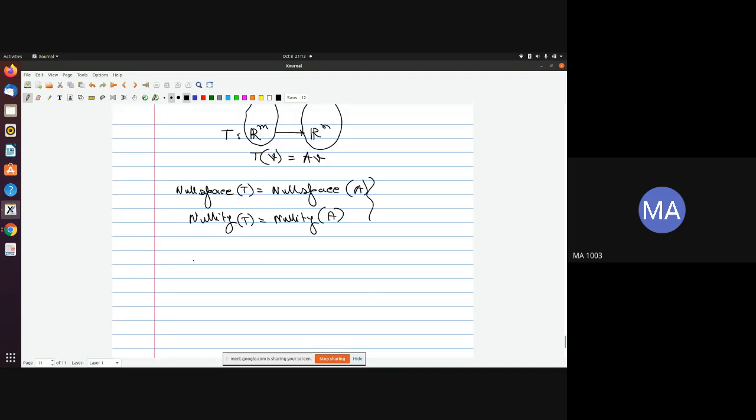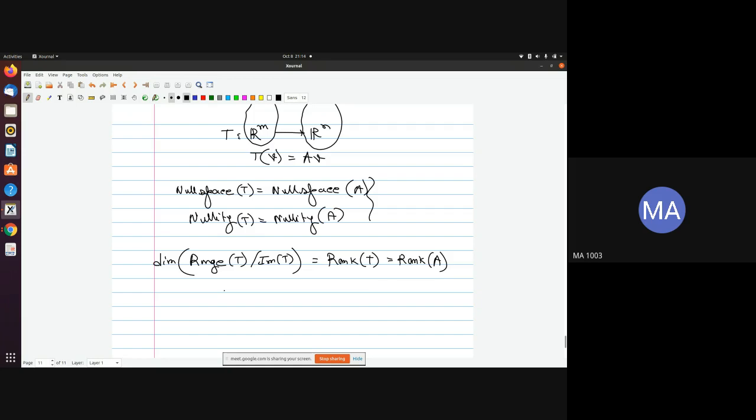Now the new thing which I am adding is the range of T, or image of T. The dimension of it is basically the rank of T, and my point is this is the same as the rank of A. Here I am not talking about onto or anything.